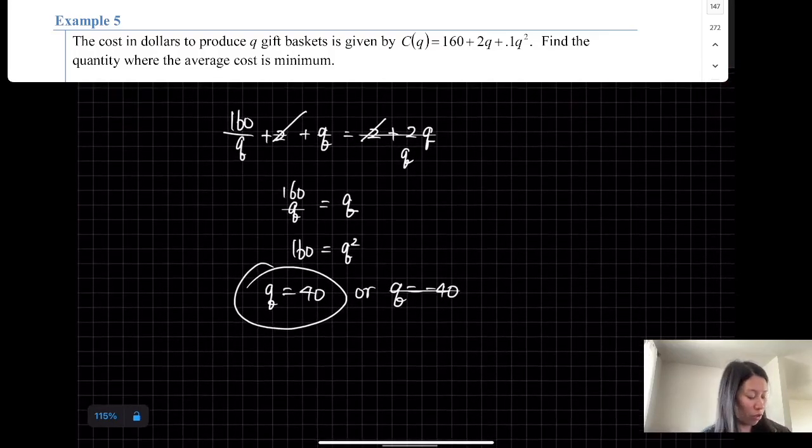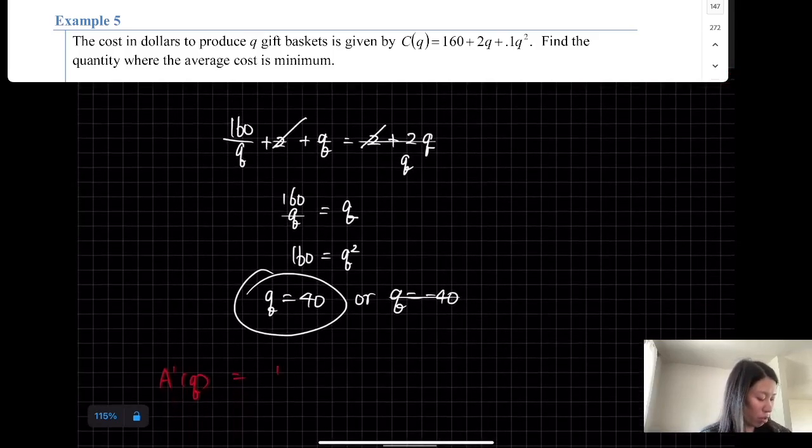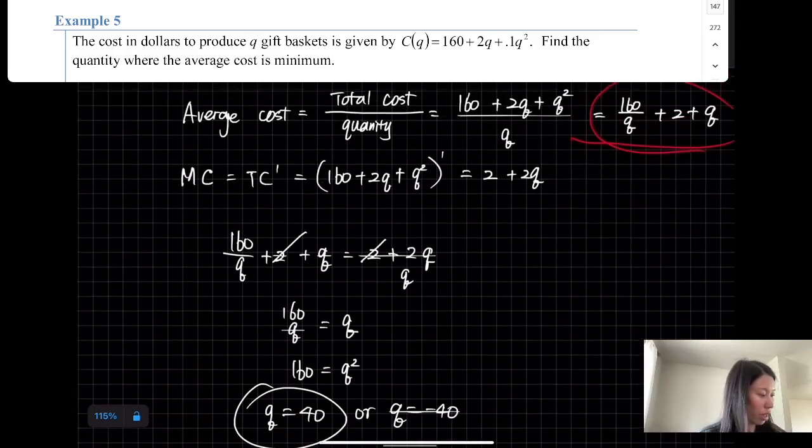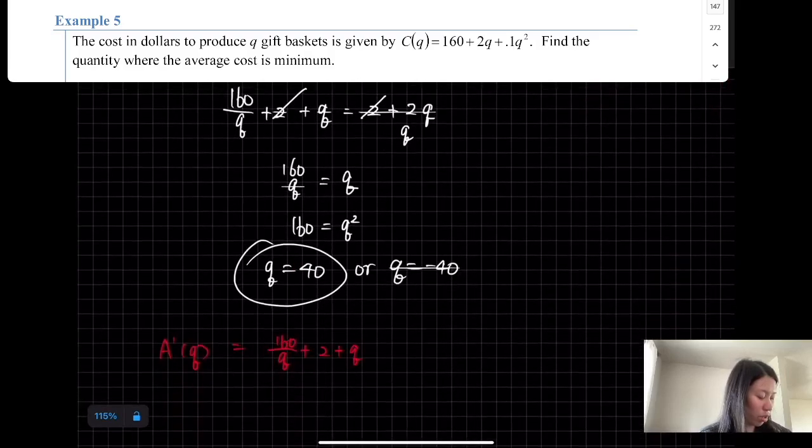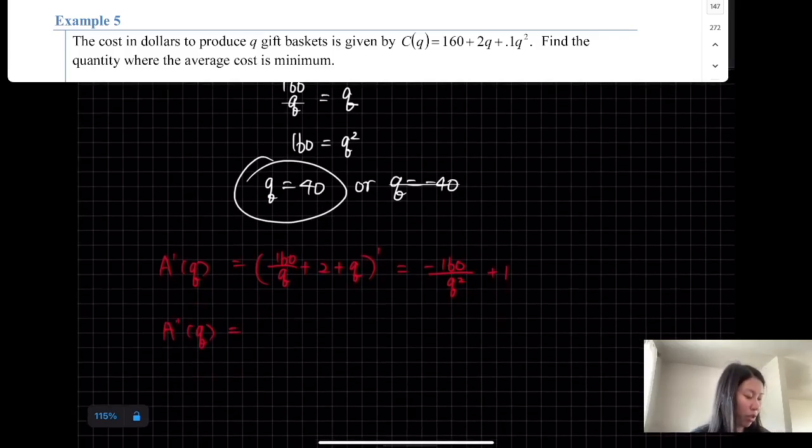The first derivative of the average cost function is the derivative of 160 over Q plus 2 plus Q. This equals negative 160 over Q squared plus 1, and then the second derivative should equal positive 160 times 2 over Q to the cubic power.